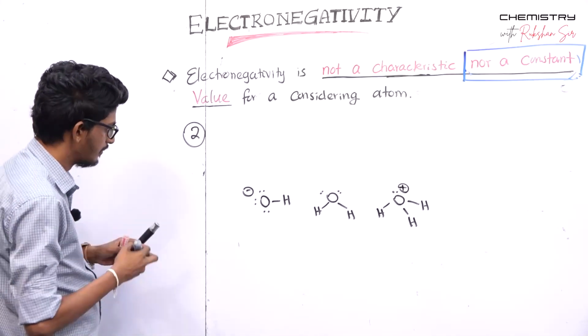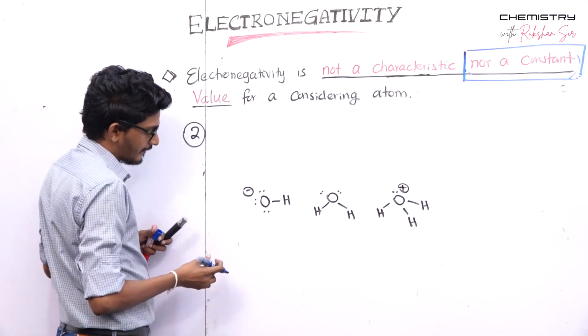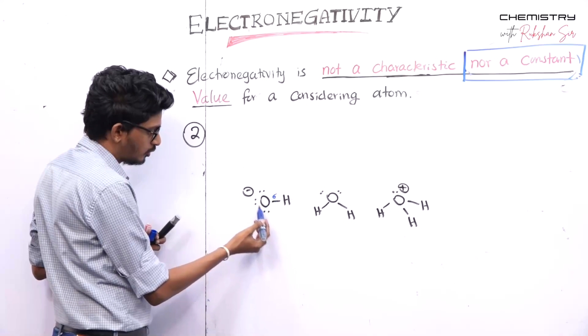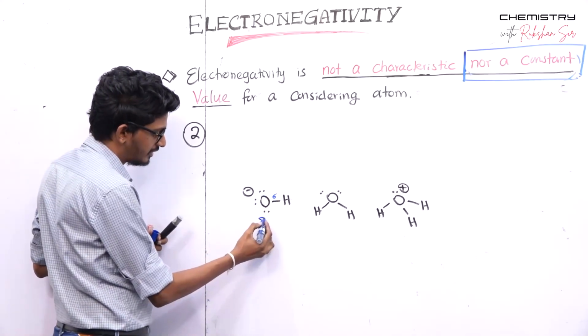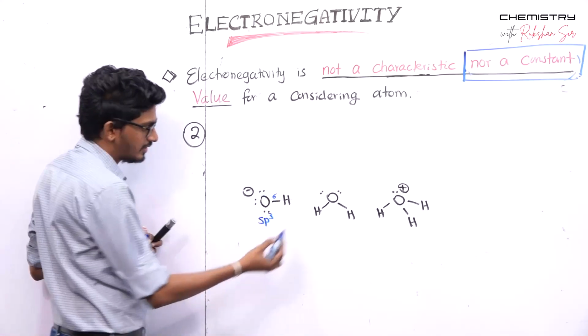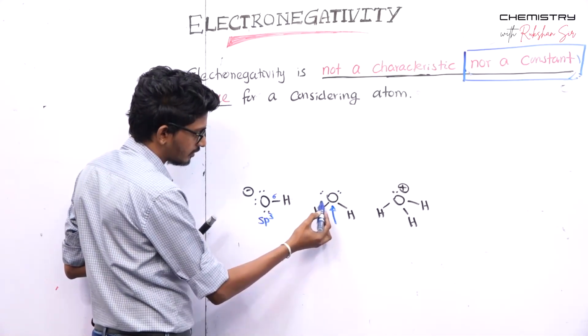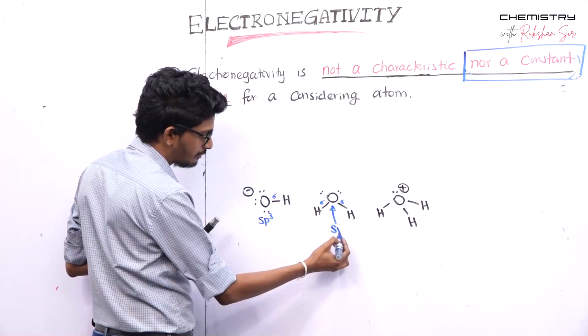Why is that? Because the hybridization is the same. Counting the sigma bonds and lone pairs gives you 1, 2, 3, 4, which means sp3. With this one, 2 sigma bonds and 2 lone pairs, so that is sp3 again.